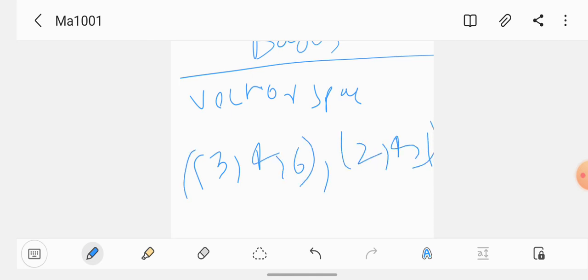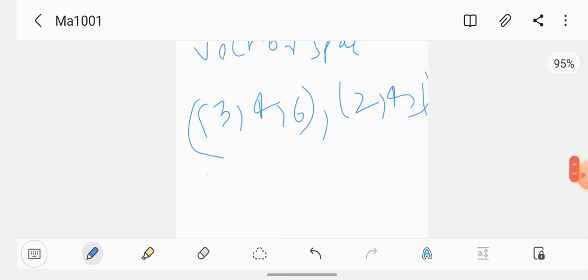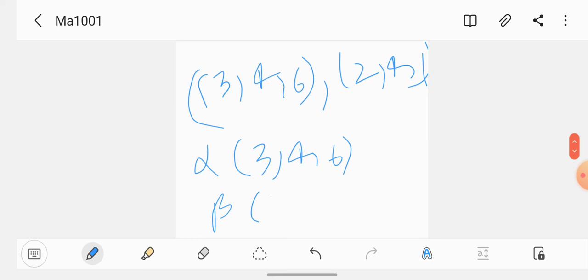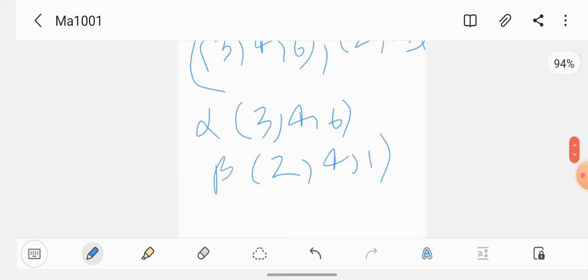So you get two vectors. Now multiply two constants with these vectors: alpha times (3, 4, 6) and beta times (2, 4, 1). If you know the position, this is the first position, this is the second position, this is the third position.